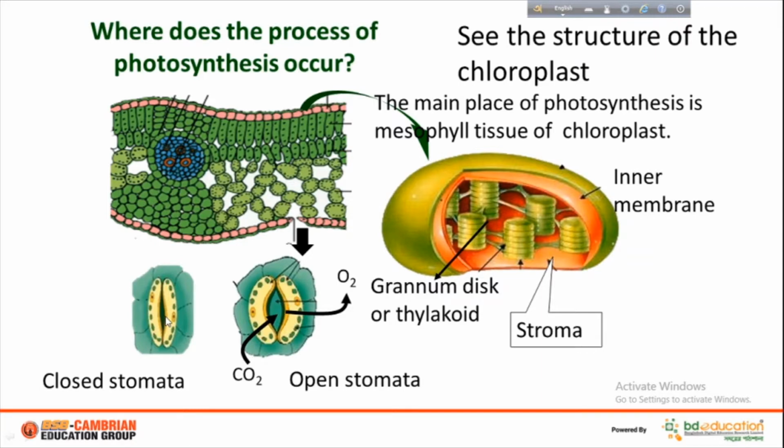First, in the process of photosynthesis, oxygen and water are produced as byproducts. Second, this is an oxidation reduction process. And third, the percentage of carbon dioxide in aquatic plants is more, and the main site of photosynthesis is the mesophyll tissue of the leaf.